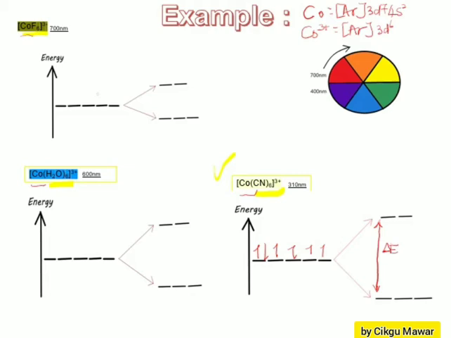This energy difference is the largest compared to the other two complex ions, because of the stronger field ligand, cyanide ion, which forms the larger energy difference. According to Planck's equation, a larger energy means a smaller wavelength.